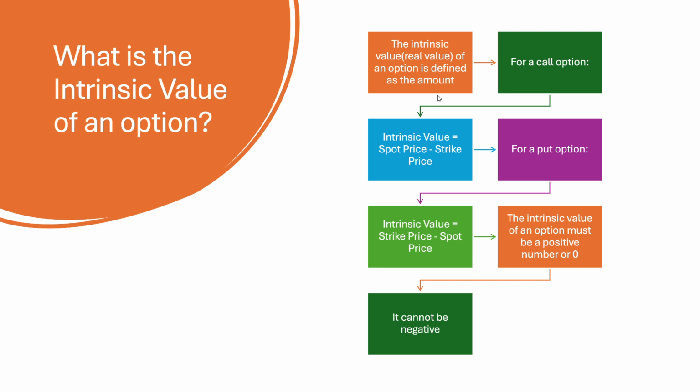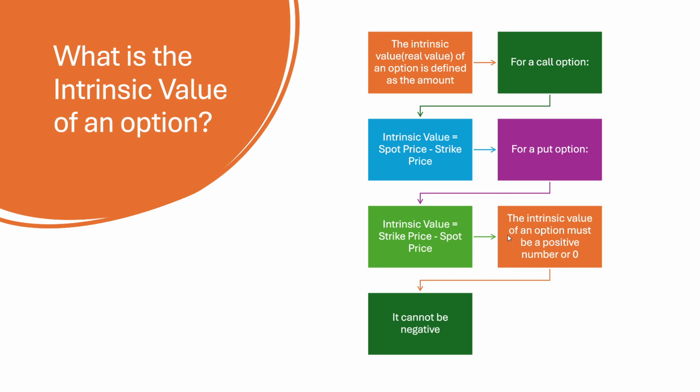When it comes to premium, this is how it is calculated for a call option: intrinsic value is equal to spot price, I mean the Nifty where it is getting traded, minus strike price. If you are selecting 25,000, whatever the remaining value is, that is called intrinsic value. For a put option, intrinsic value is strike price minus spot price.